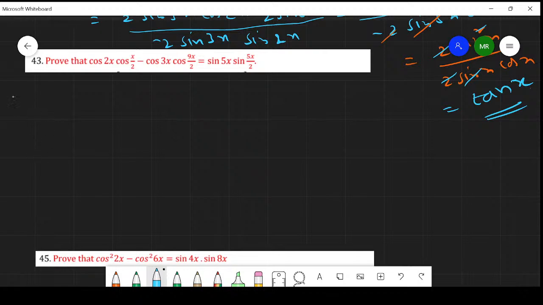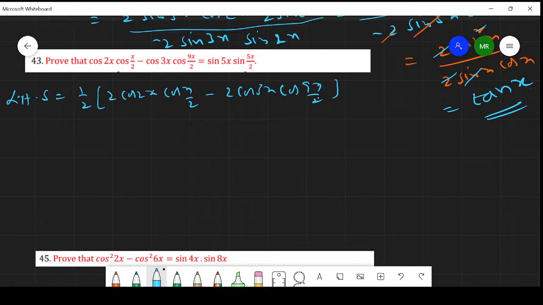When I write the LHS, I apply the formula: multiply by 1/2 and 2 inside, so 2 cos 2x cos x/2 minus 2 cos 3x cos 9x/2. Why have I done this?